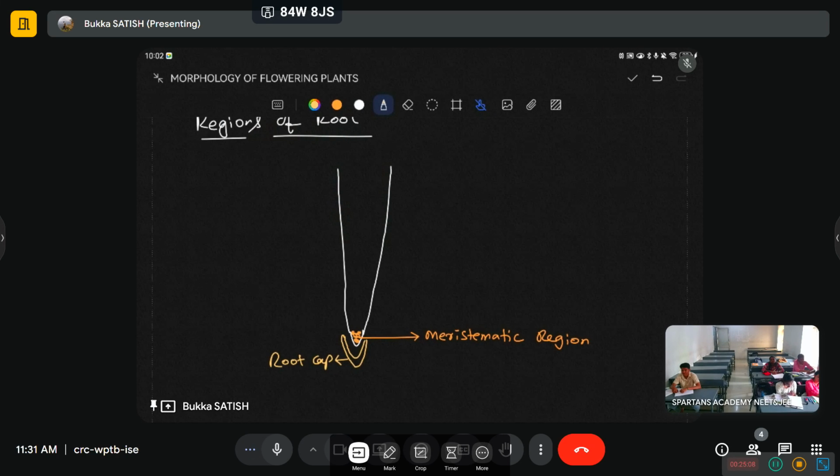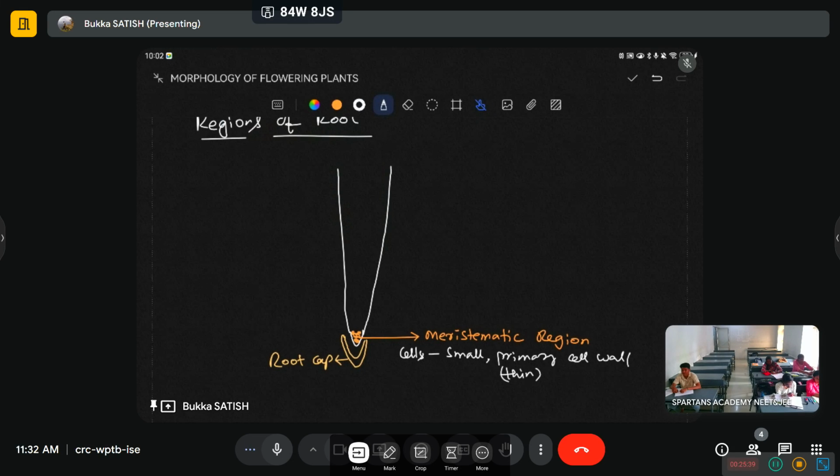Right. As you know, this meristematic region is the one where the cells are actively dividing. So when the cells are actively dividing, they will be small. Here the cells are small. Primary cell wall will be present. Primary cell wall is present means only the cell wall is very thin.